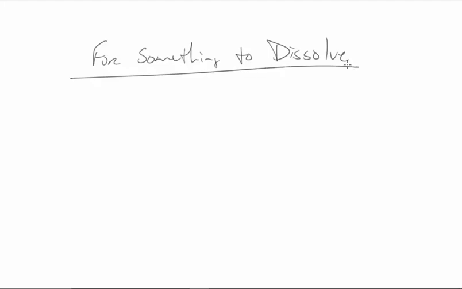For something to dissolve, we have to have a couple of things happen. The solute, which is what's dissolving, and the solvent, what it's dissolving in, interactions have to be greater.